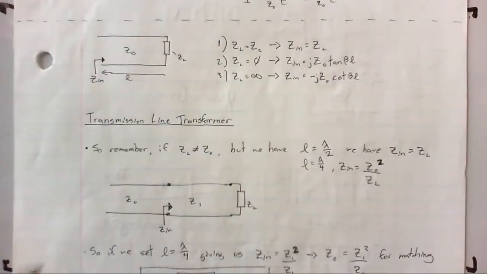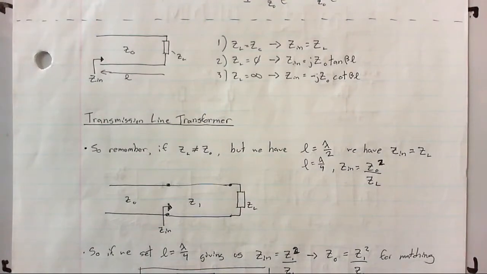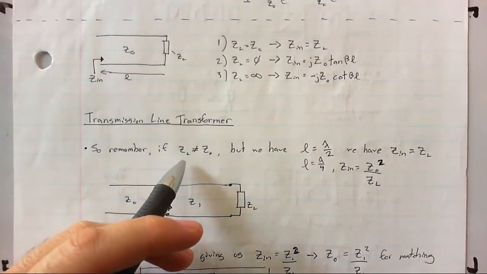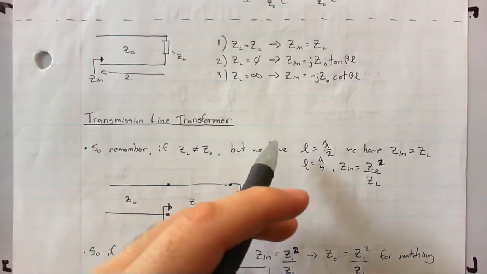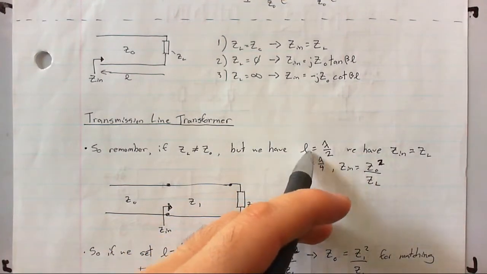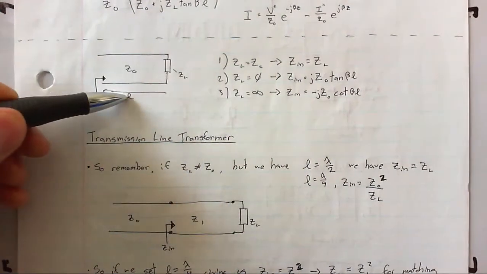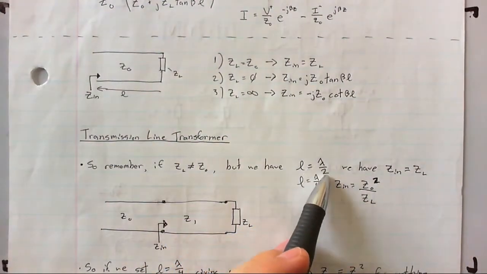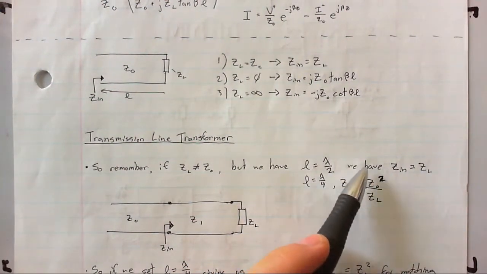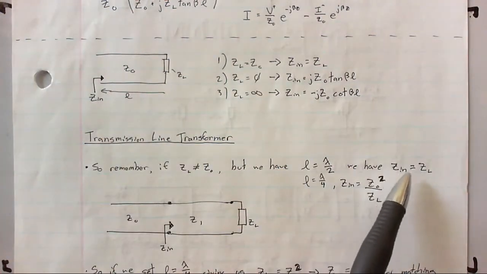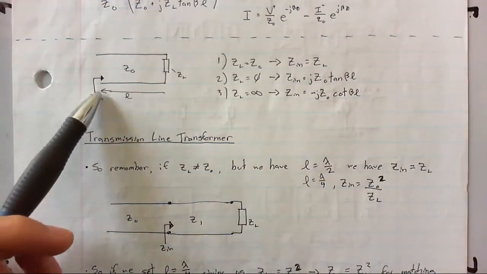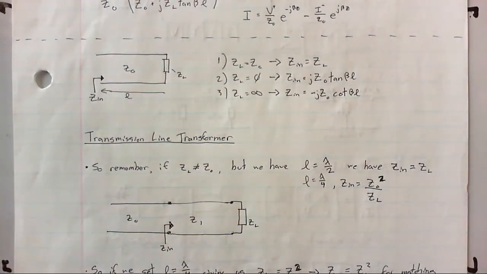So for example, the transmission line transformer. So if your load doesn't equal your characteristic impedance, but we have the condition such that the length that we're talking about, so L, is equal to your wavelength divided by 2, you will end up getting that your input impedance here, Zin, is equal to your load, okay?